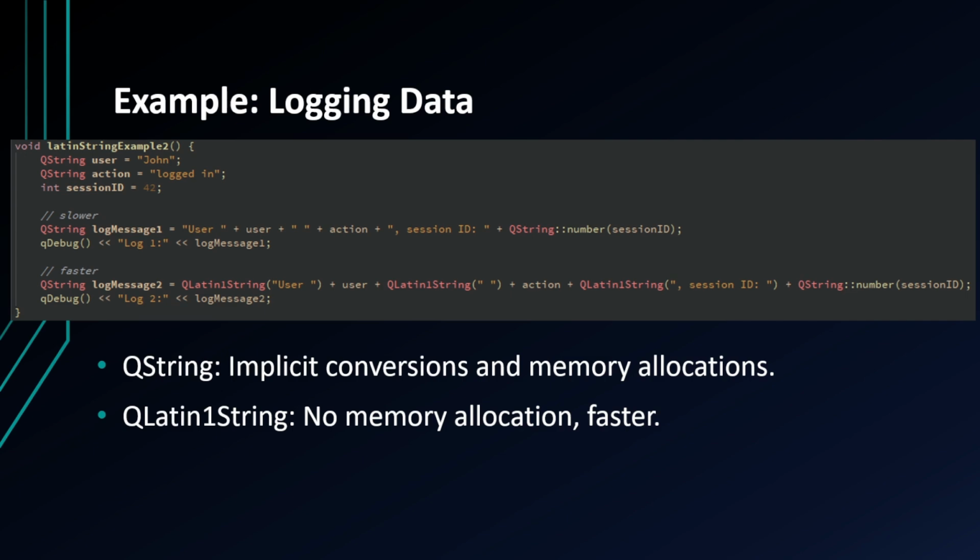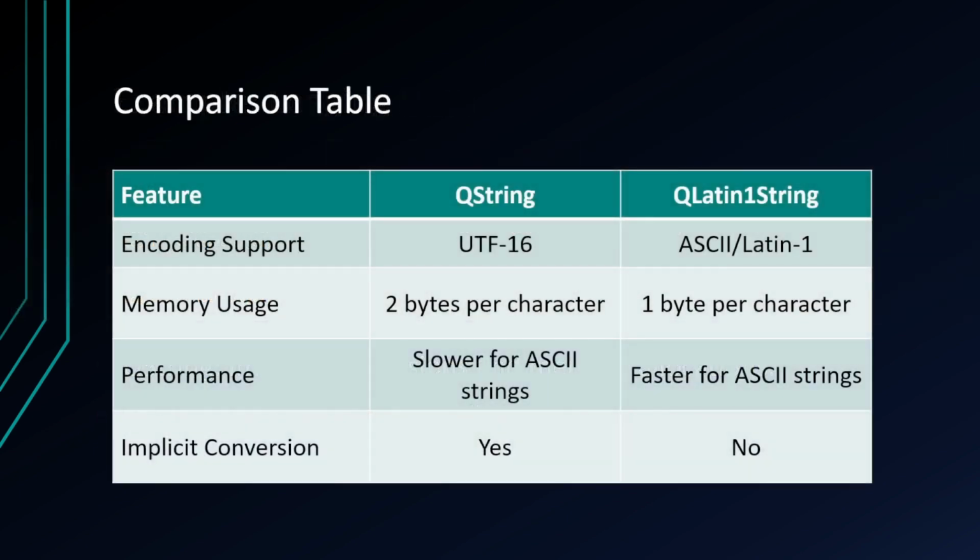To wrap up your knowledge, I made this table with the key differences between QString and QLatin1String. Here you have everything I have talked about. So encoding support: QString supports UTF-16, meanwhile QLatin1String supports ASCII. The memory usage: 2 bytes per character, 1 byte per character.